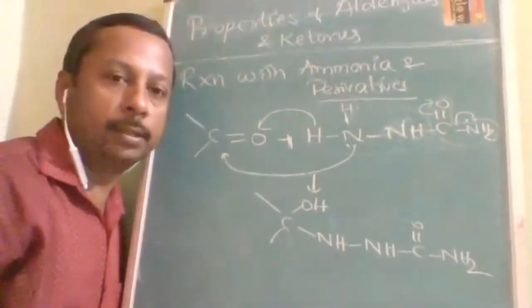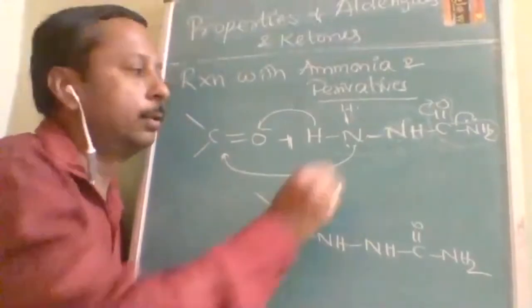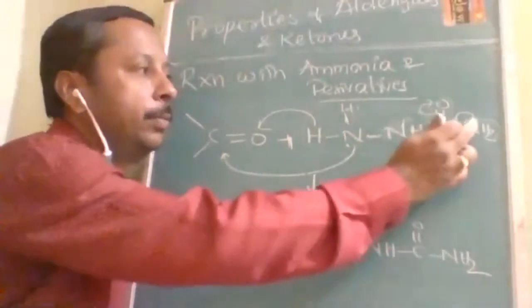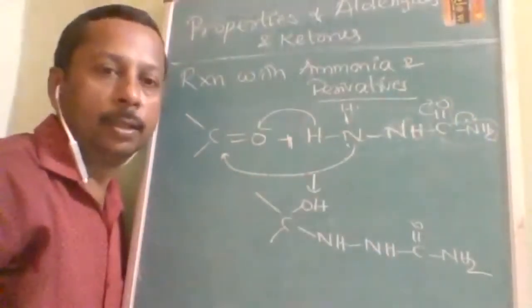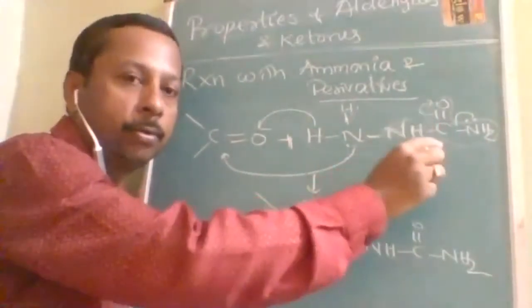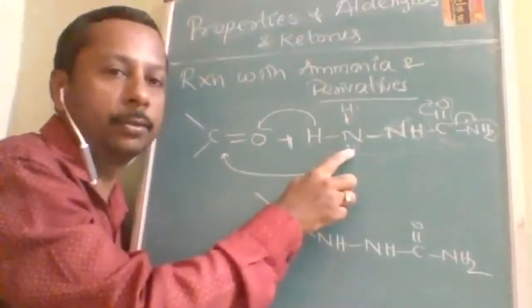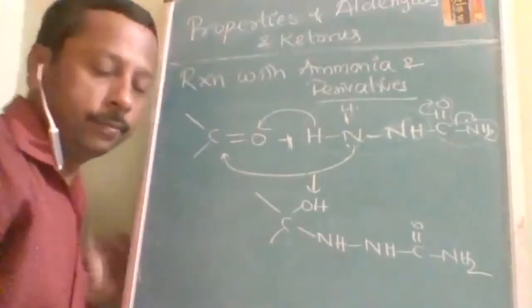More electron density, more nucleophilic properties. So the nucleophilicity of this nitrogen is more than the other, because the other lone pair is required by its own house member only. This lone pair is given to the carbon atom of the same molecule, but this one is free to donate. So only this nitrogen will participate. The rest is very easy.